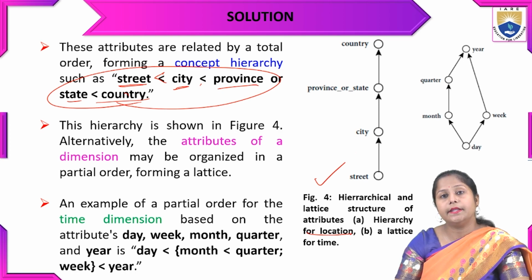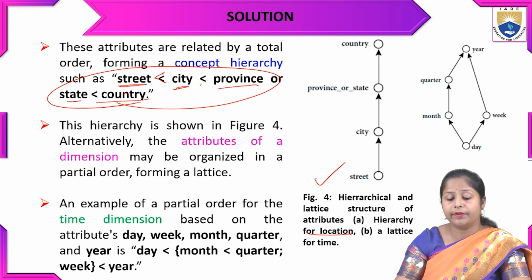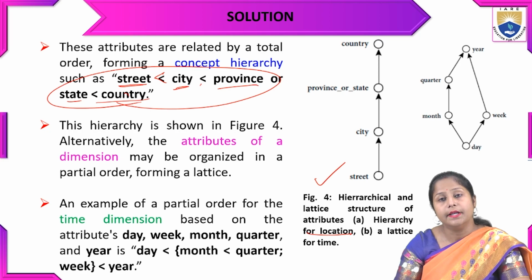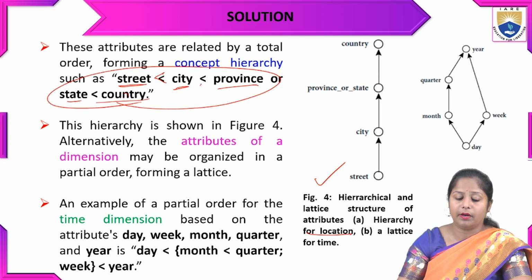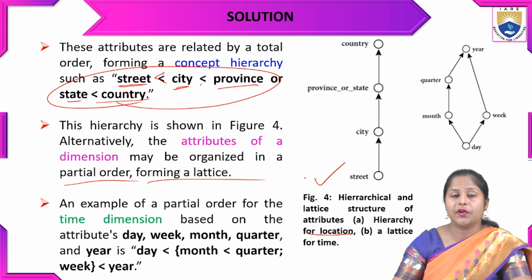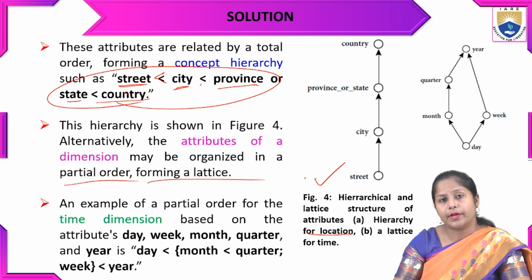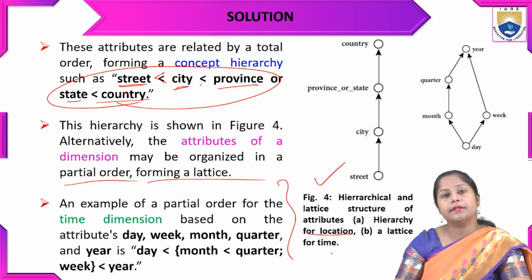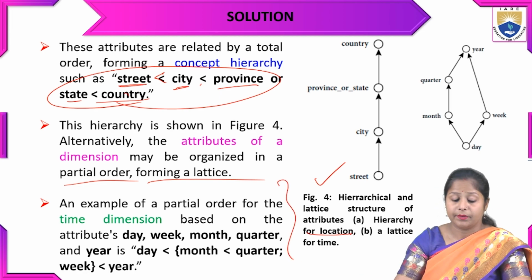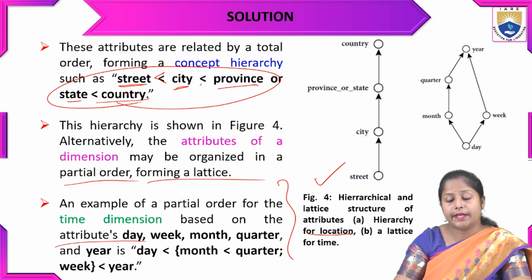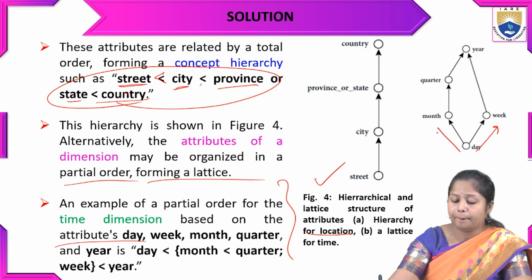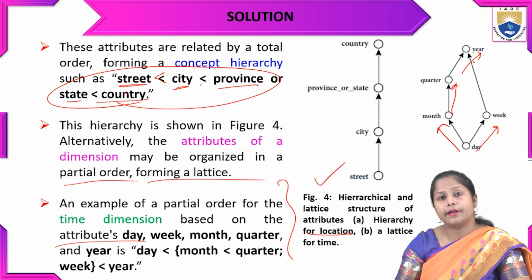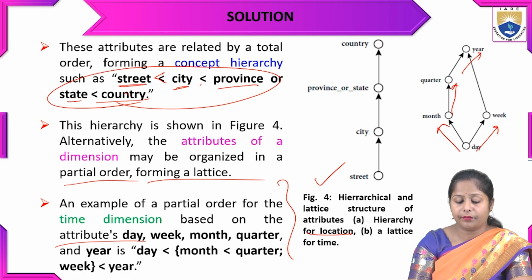Now the hierarchy in the shown figure can alternatively have attributes of a dimension organized into a partial order, forming a lattice. For example, a partial order for the time dimension is based on the attributes day, week, month, quarter and year. How do we write this? We write it in the form of day.